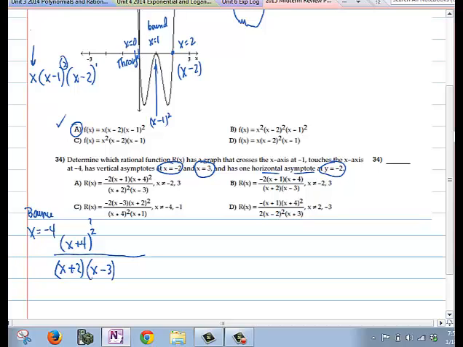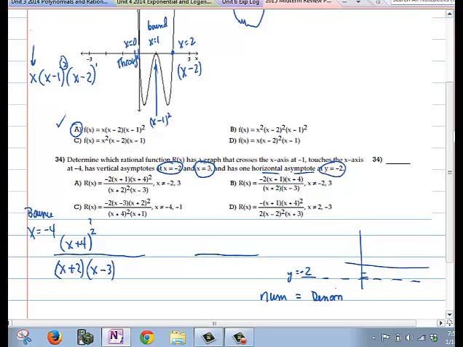And now it says I have a horizontal asymptote at y equals -2. So what that means is, to have a horizontal asymptote, the numerator order has got to equal the denominator order, right?